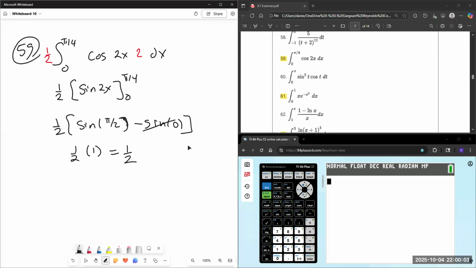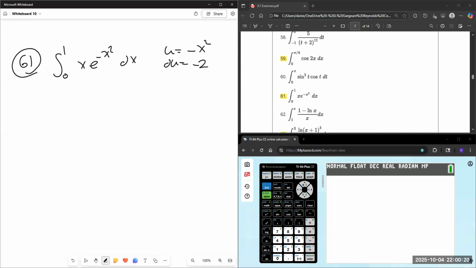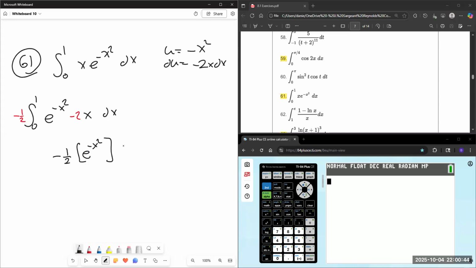So now it's 61. It says the integral from 0 to 1 of x e to the negative x squared dx. u is equal to negative x squared. du is negative 2x dx. This is 0 to 1 of e to the negative x squared times x dx. I'm going to make this a negative 2 on the inside and negative 1/2 on the outside. e to the u du comes back as e to the u, and we're going to evaluate from 0 to 1.